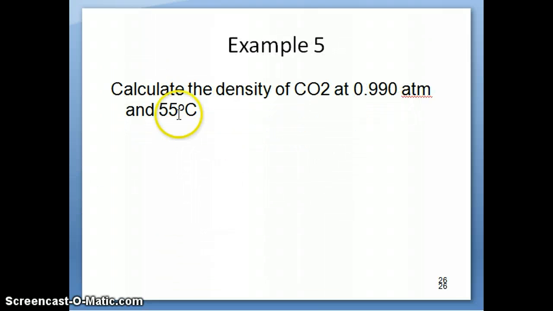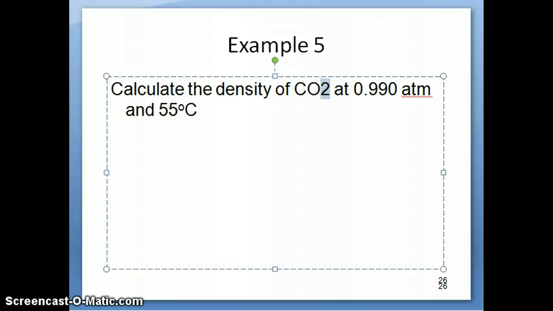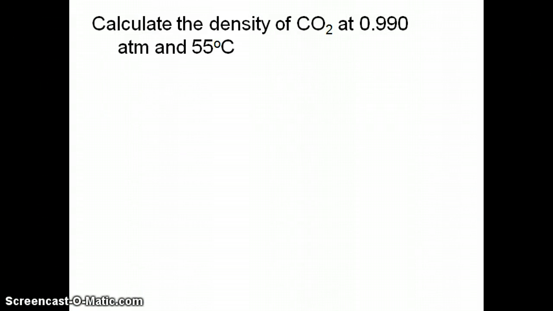Okay. So now what I want to do is just work a fairly simple problem of calculating density of carbon dioxide here at 0.99 atmosphere and 55 degrees Celsius. So remember that we just did it in the previous slide, how we derived this expression for the density of a gas, which is just PM over RT.